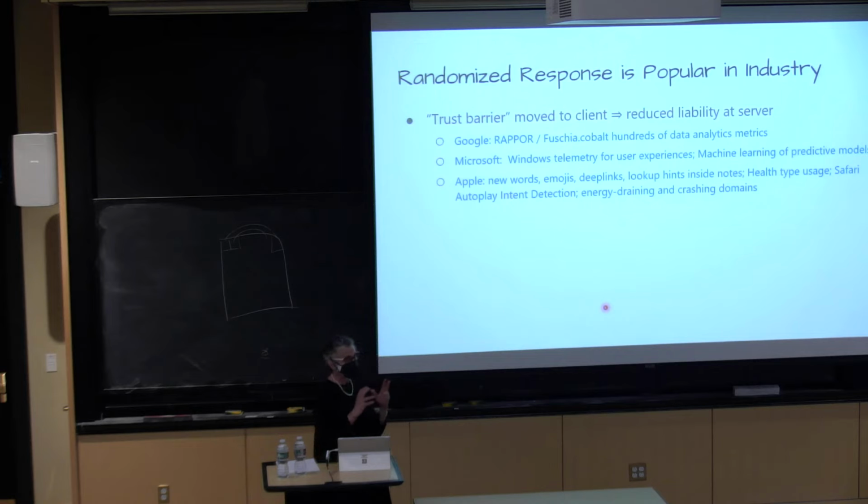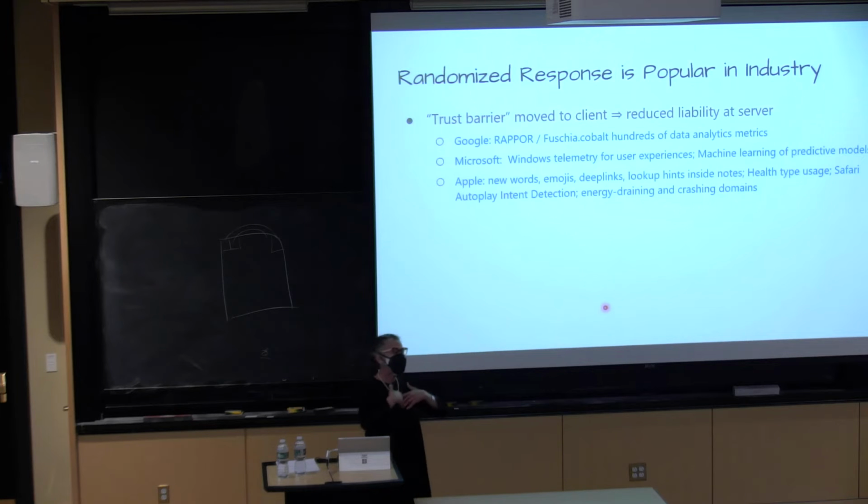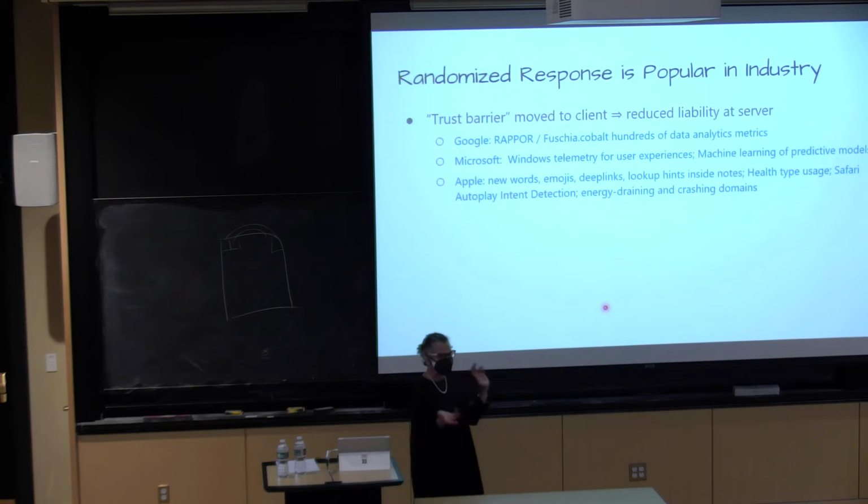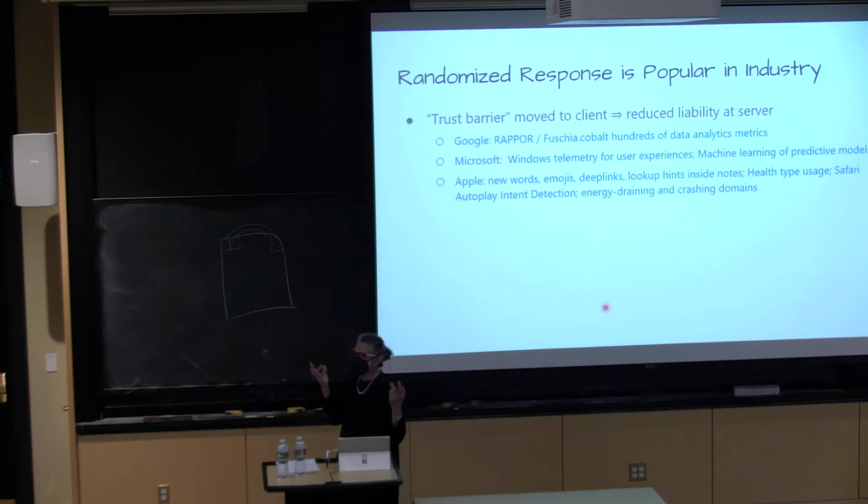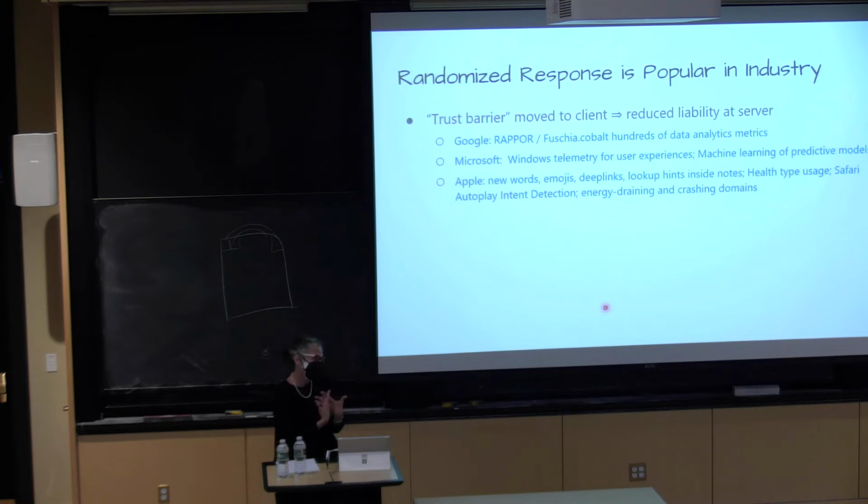One reason they like it, in industry parlance, is that the trust barrier has been moved to the client. In other words, don't blame us for any data breaches, because everything was made private before we got it in the first place. So that's really nice. But there's that cost of that square root of n, that's expensive.